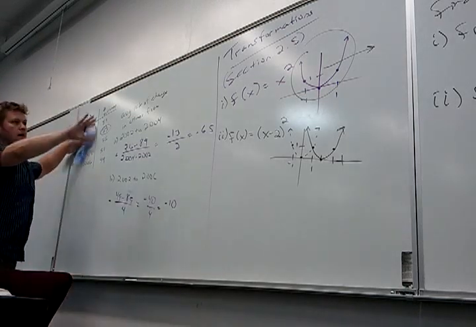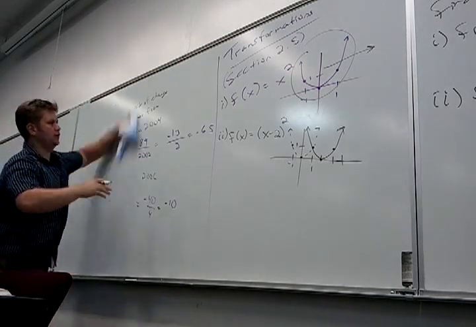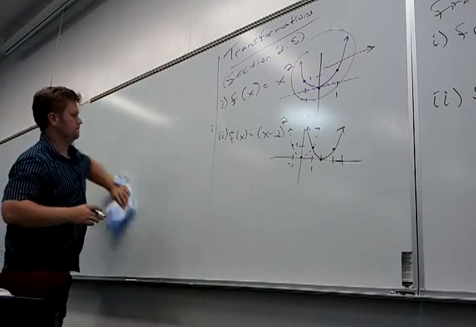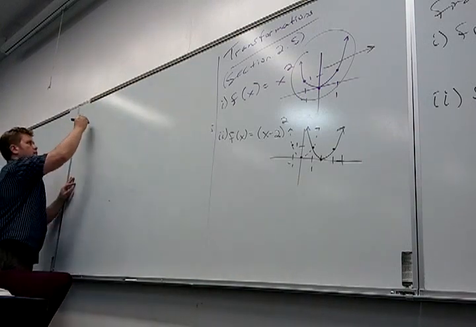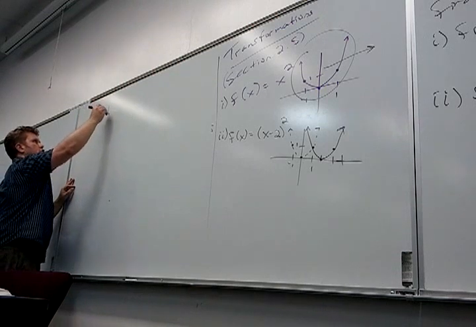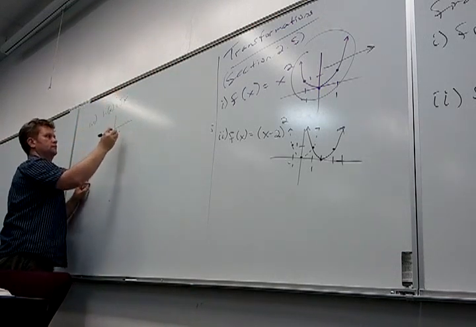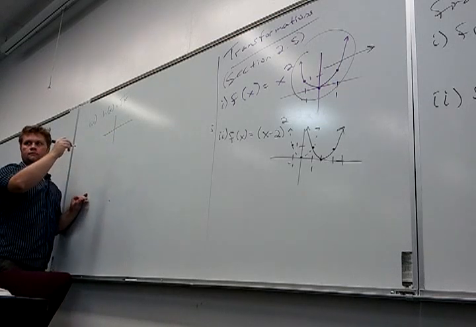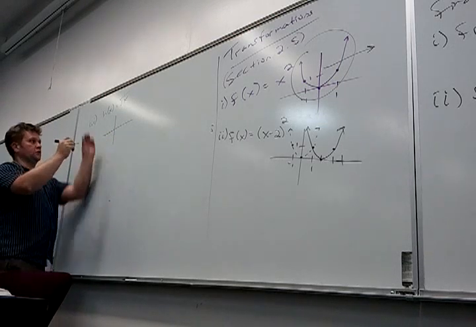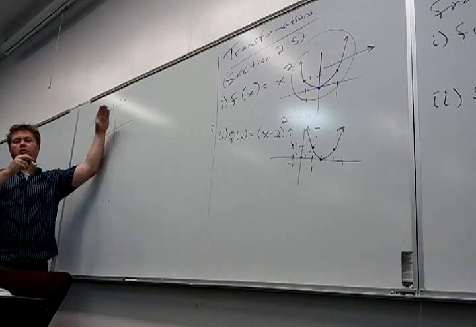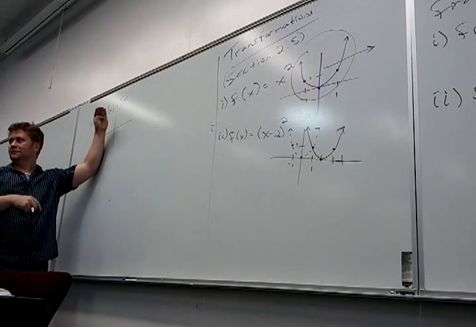So what about, and it doesn't matter the function. It really does not matter the function. If I have, let's say, h of x is square root of x. What does that look like? It looks like a u that's fallen over and lost its bottom part, right?